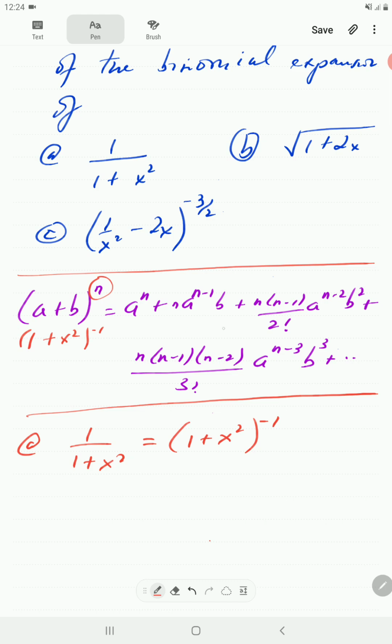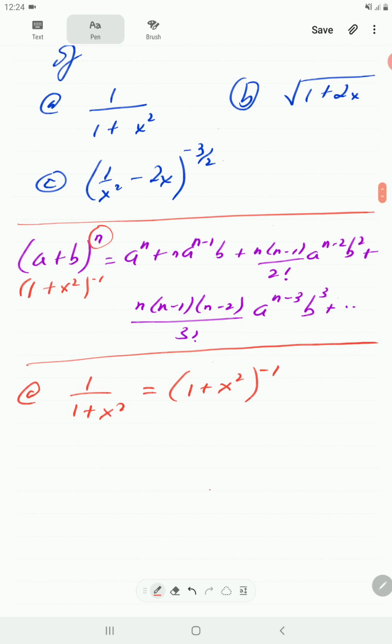So now this is the formula we're going to be using this time, which does not involve combinations. So first of all, we're going to have 1, which is a to the power n, and then the coefficient of the second term is n, which is negative 1.